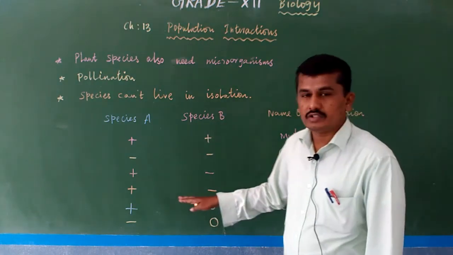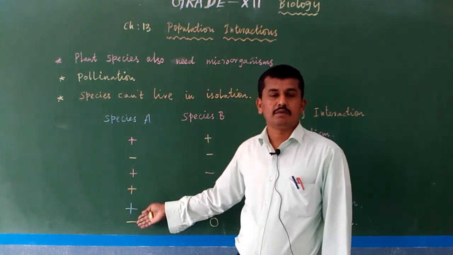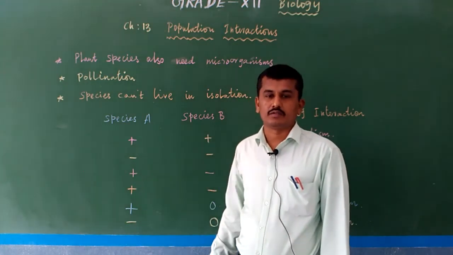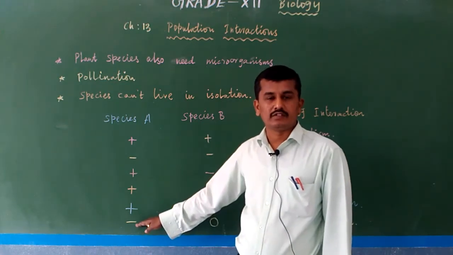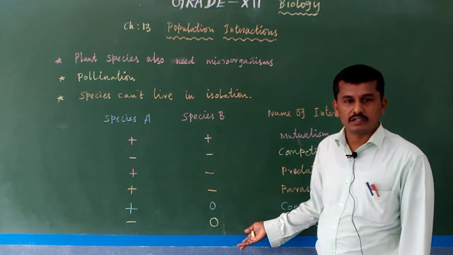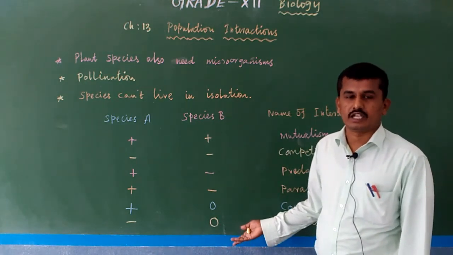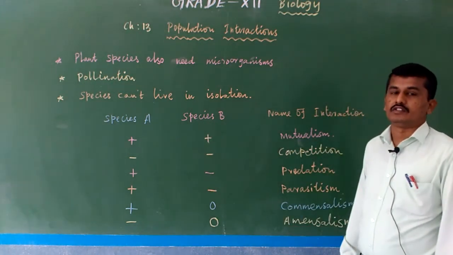But due to this antibiotic, some other microbes are harmed. Normally we know antibiotics kill other microbes. So the microorganisms get minus and the Penicillium gets no benefit, that is neutral. It is an example of amensalism.